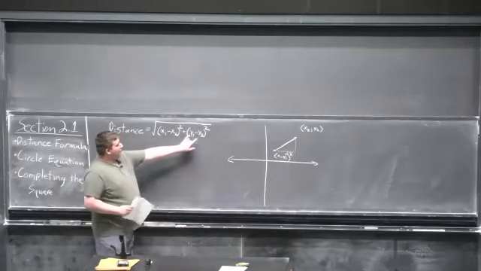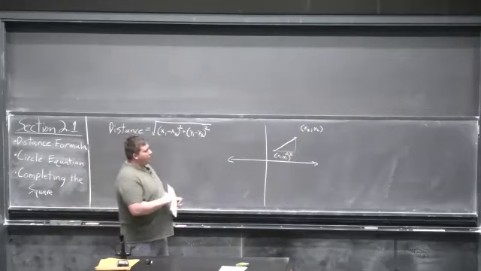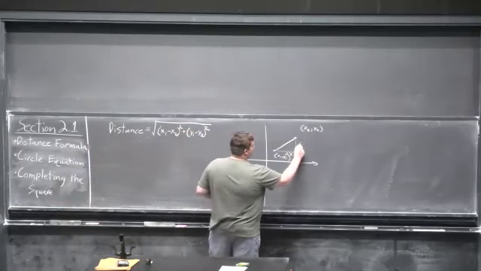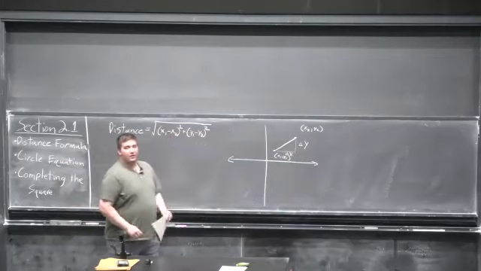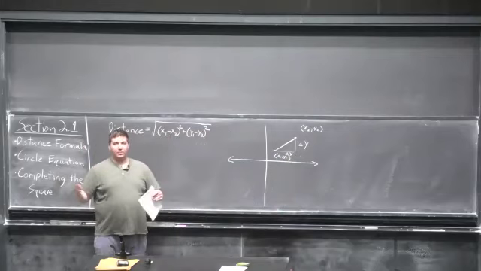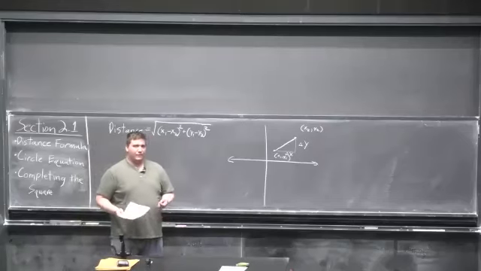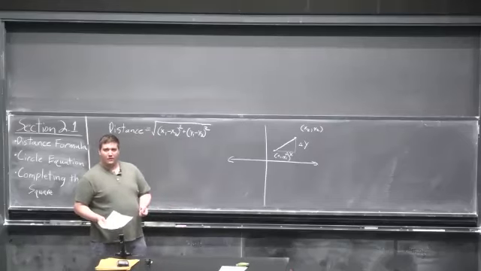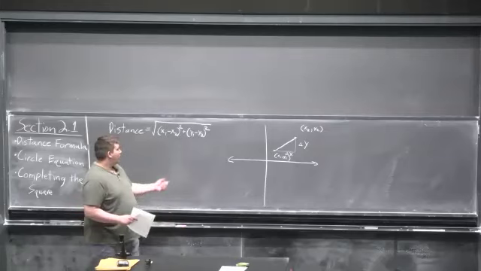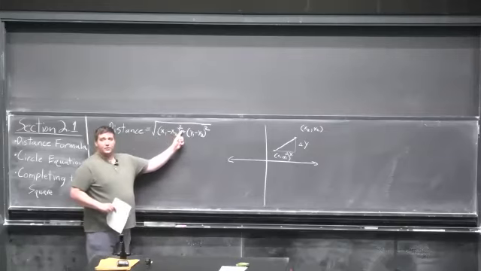And y1 minus y2 is again a change of y. You can think of this as a positive change or a negative change. Either way, we don't care, because we're going to square it.